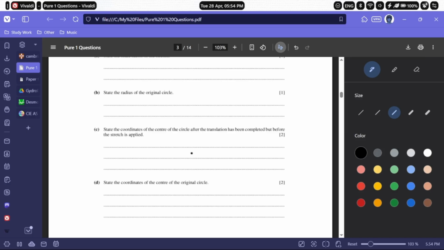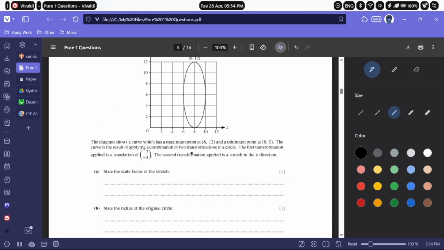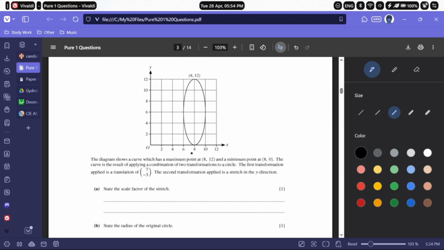I think this is a pretty common question at this point, but I'll go through this as well so that you guys can revise. Anyway, you have a maximum point at 8 comma 12. You have a minimum point at 8 comma 0. The curve is a result of applying a combination of two transformations to a circle. The first transformation is some translation, and the second transformation is a stretch in the y-axis.